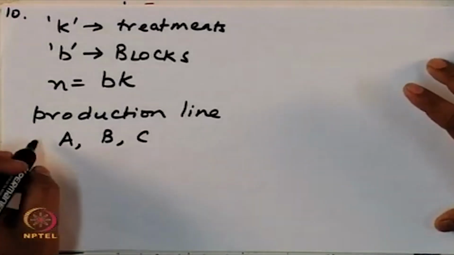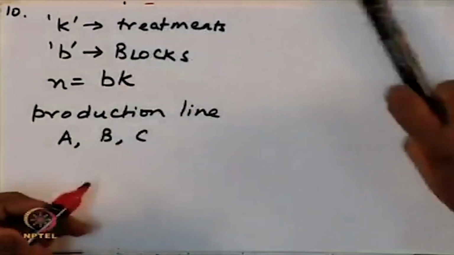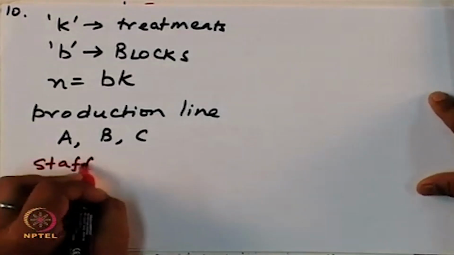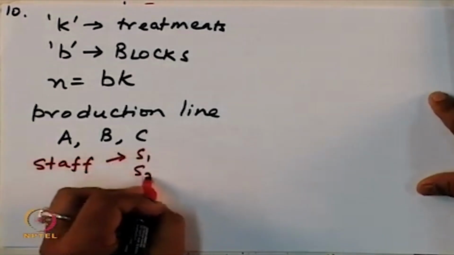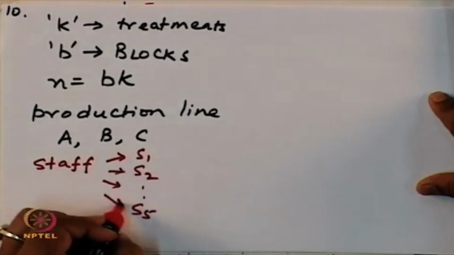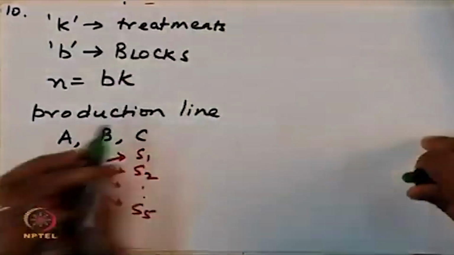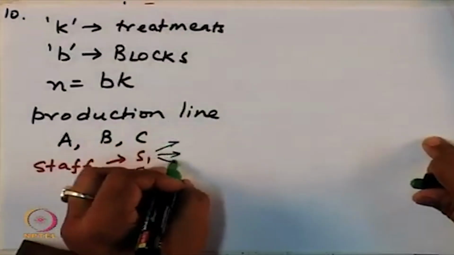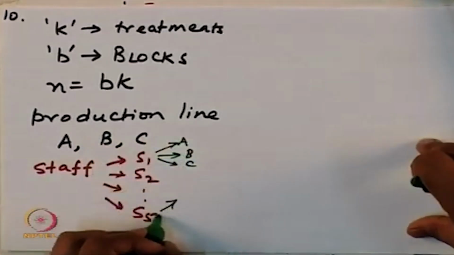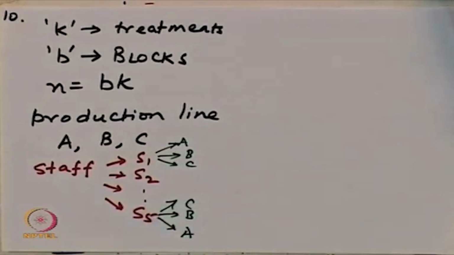So, what the engineer can do, he can choose staff, which you can label as S1, S2 dot S5, and each of these participants assembles using A, B, C, A, B, C, A, B, C, but in random order, and so on and so forth.